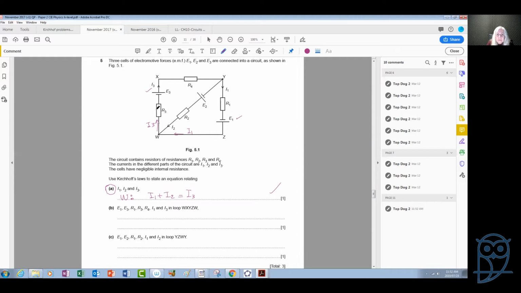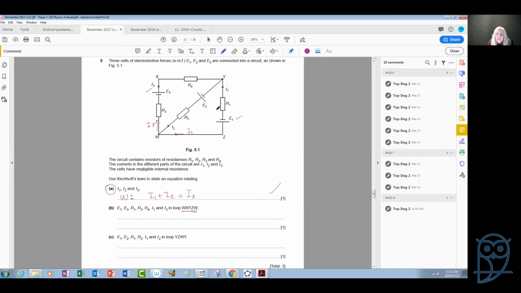In other words, they want us to apply the second Kirchhoff's rule, the loop rule, for this outer loop. They don't say outer loop, they say R3, R4, R1, and E1, and E3. Okay, in the loop, here it is, W, X, Y, Z, Y.